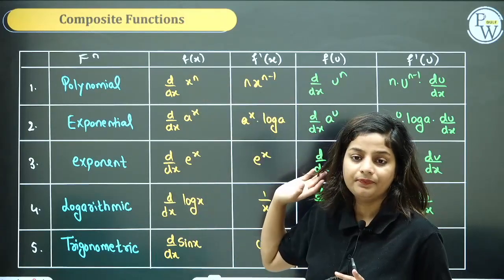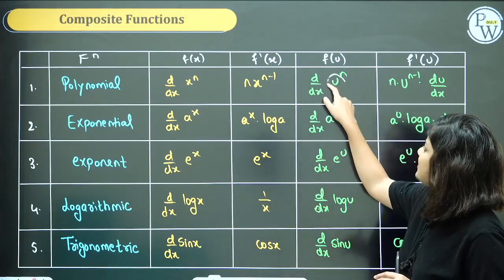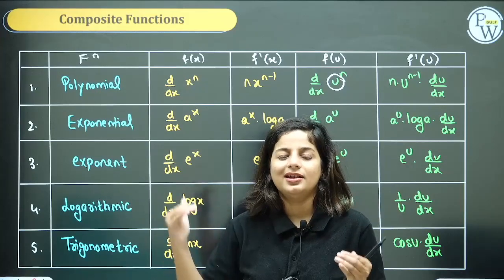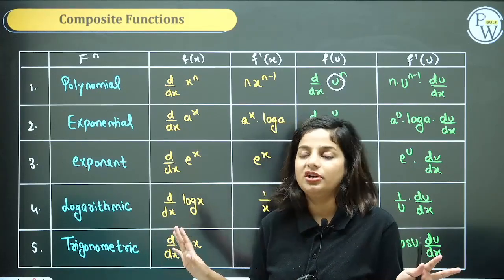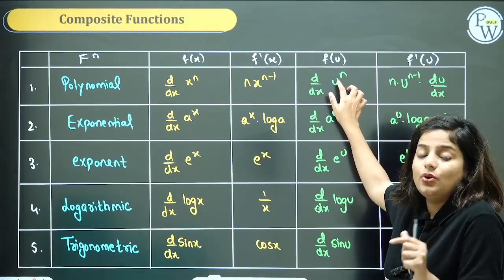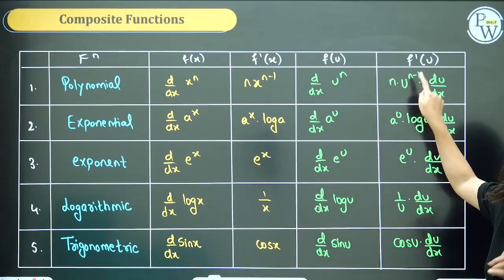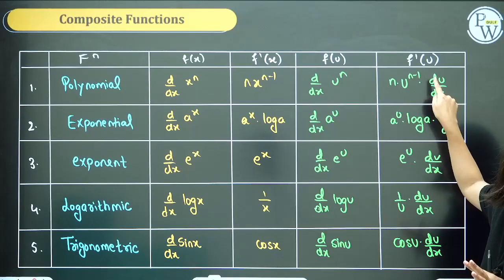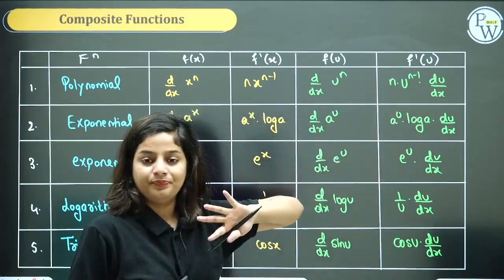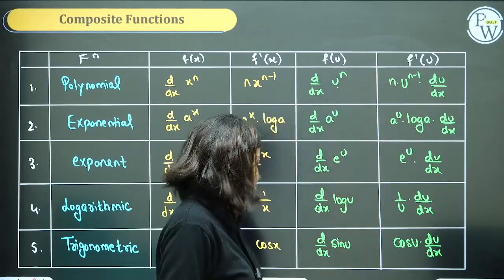But now instead of x, the x has turned into something else, like x by 100, x square, root x. Let's call it u. If instead of x you have something else in the power of constant, derivative is same, n times u raised to n minus 1. But by chain rule, multiply with derivative of u. Whatever it is, if it's not x, multiply by its derivative.